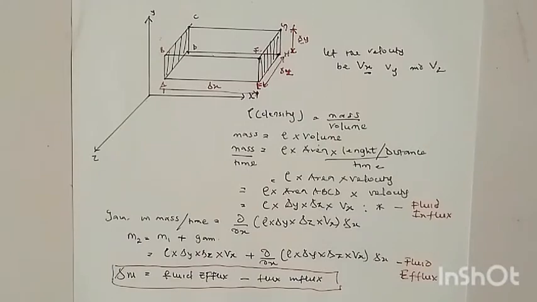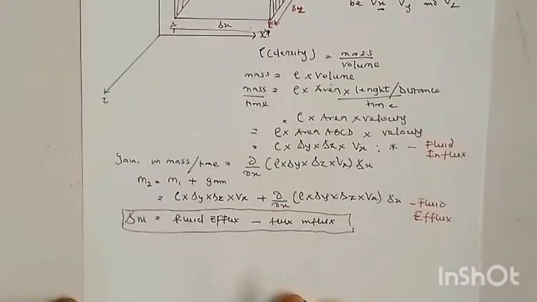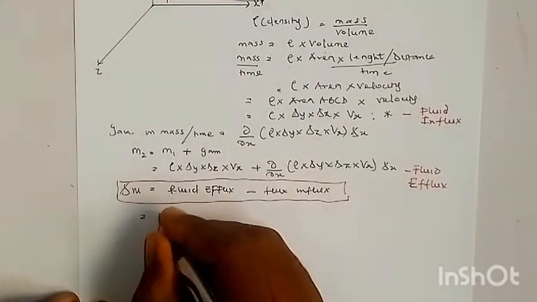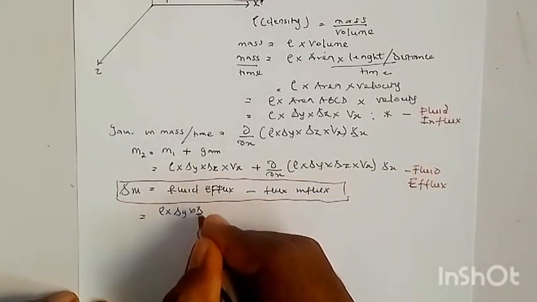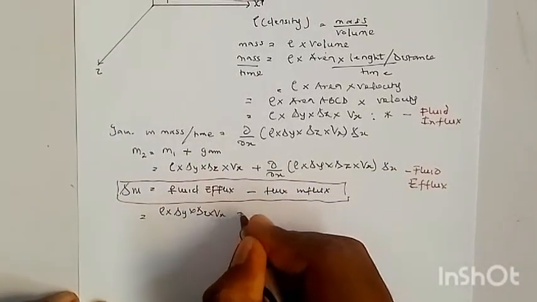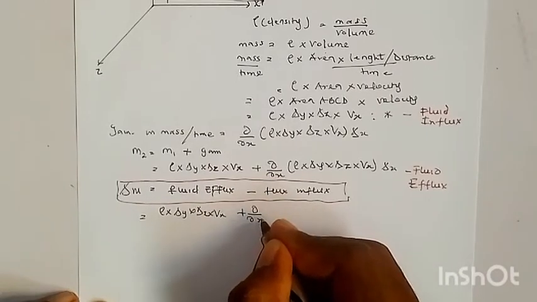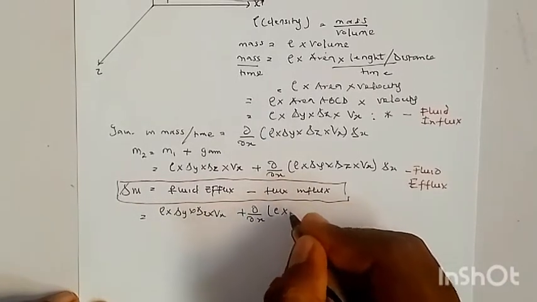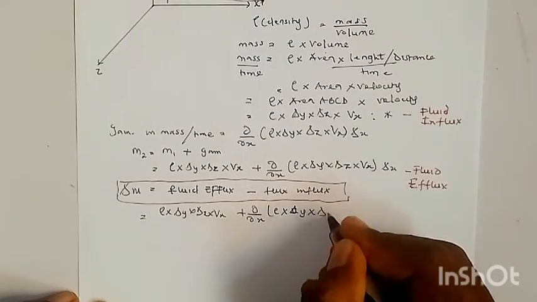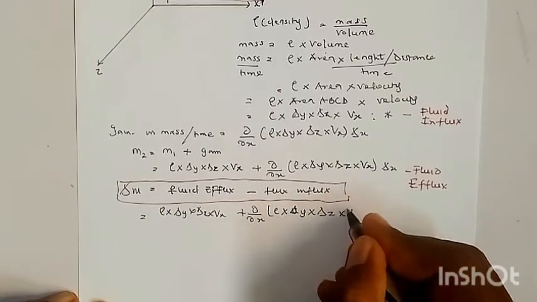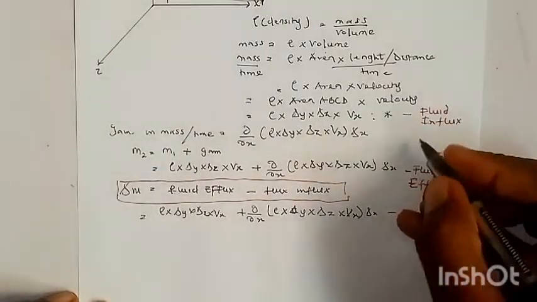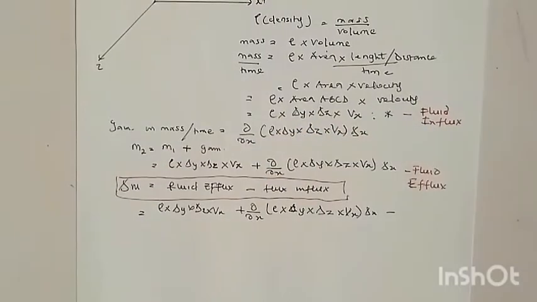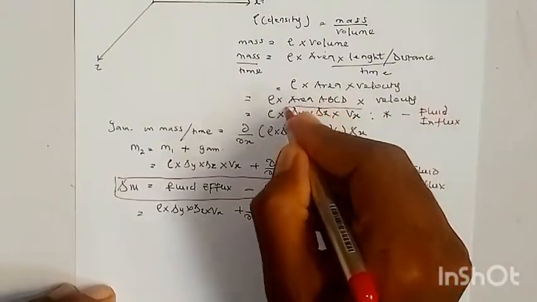So my gain in mass flow rate is equal to d, we are just writing this, density times dy times dz times vx plus change in x of density times dy times dz times vx with respect to x, minus my fluid influx, which is this.